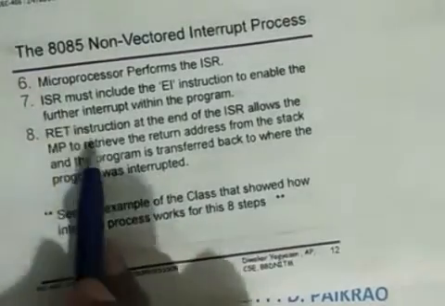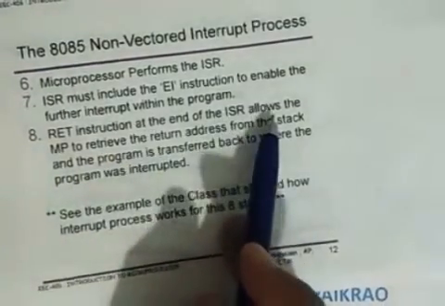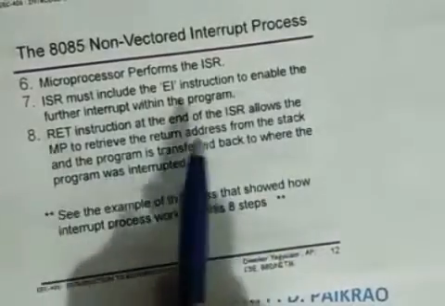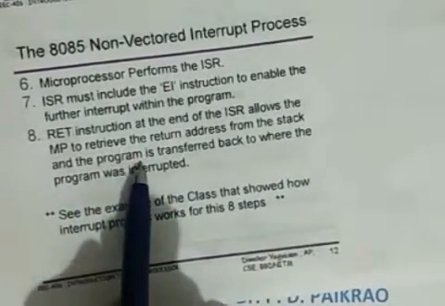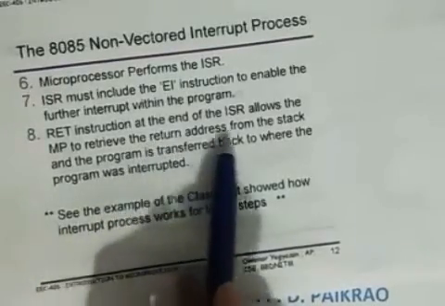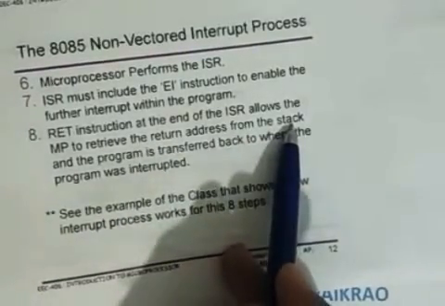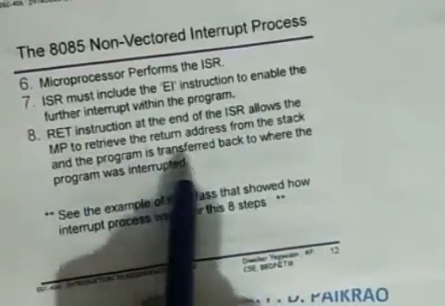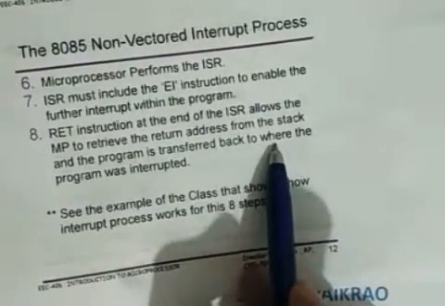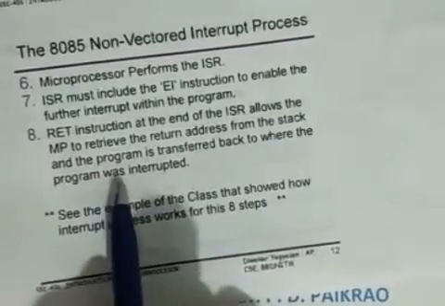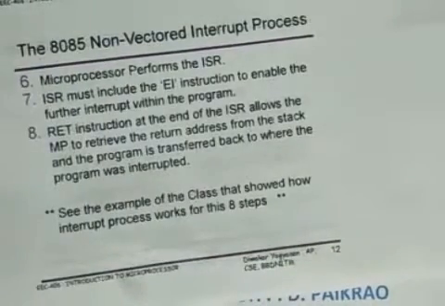The RET instruction at the end of the interrupt service routine allows the microprocessor to retrieve the return address from the stack, and the program is transferred back to where the program was interrupted.